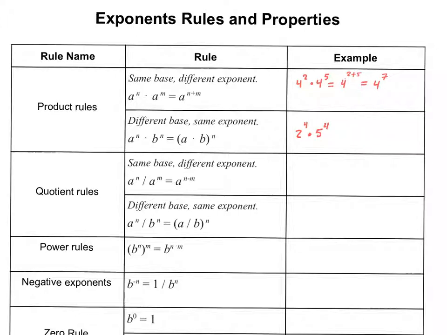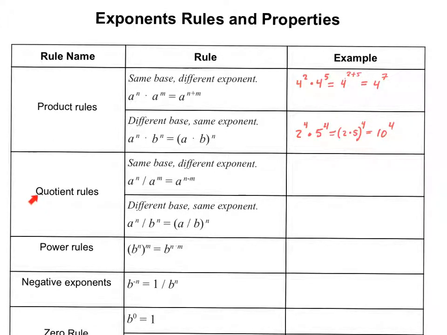So you're going to write it as parentheses 2 times 5 raised to the fourth power. And now you can actually work this out. 2 times 5 will give you 10. So you write it as 10 to the fourth power. And once again, we are only practicing to leave it in exponent form. We actually don't want you to give me the solution. We don't want you to solve at the moment.